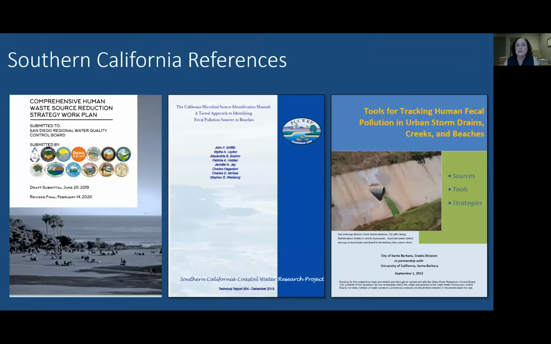Some other resources that I found to be really valuable is the cutting edge work that's been done in Southern California. And a couple of resources here that I wanted to point out is a brand new one that was just completed in February 2020. And it's a comprehensive human waste source reduction strategy work plan.